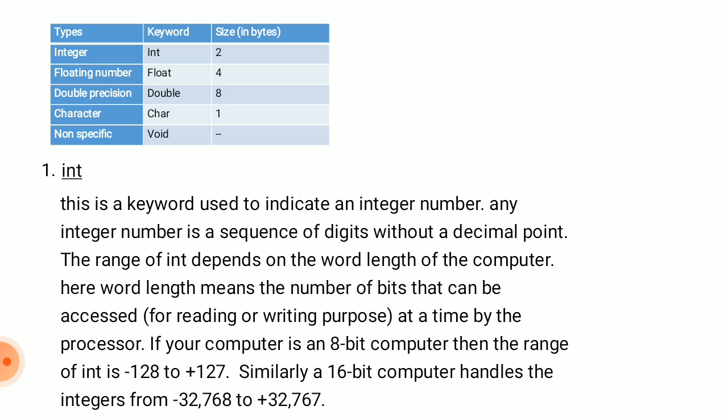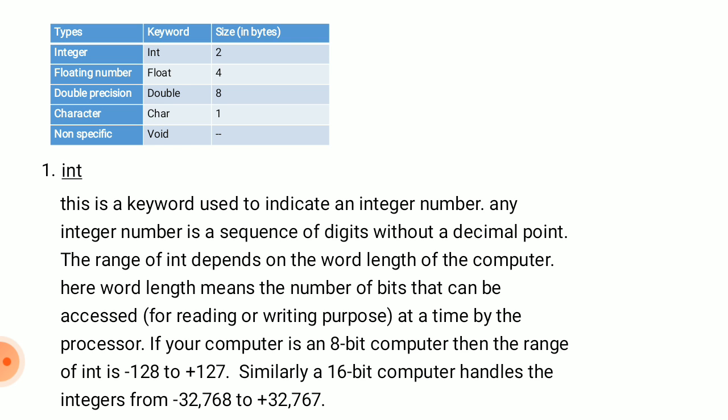I think you all know the sizes of data that you study in digital logic, right? 8 bits is equal to 1 byte, 4 bits is equal to 1 nibble, 1024 bytes is equal to 1 KB, 1024 KB is equal to 1 MB, 1024 MB is equal to 1 GB, like that.